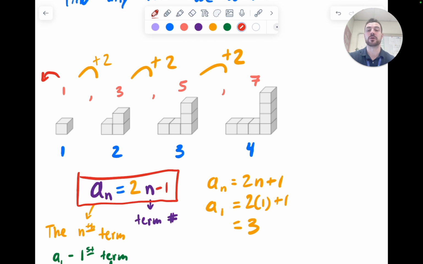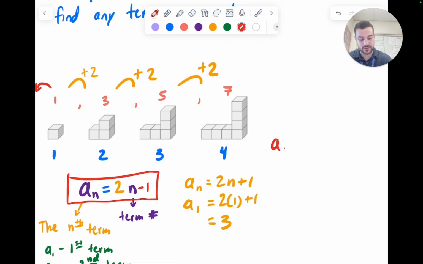So this right here is our explicit formula. Now, if I wanted to find my ninth term, a sub 9, I would take that explicit formula and plug in 9 for n, because n is my term number, and I would get 17. What that tells me is, if I continue this visual representation, my ninth image would have 17 cubes in it.